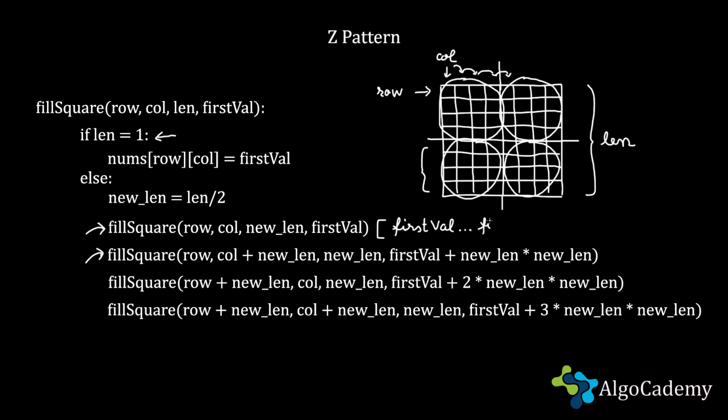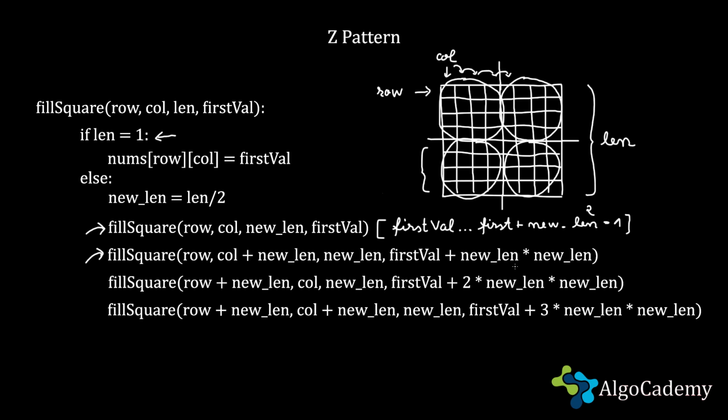It is first val plus the new len squared minus 1. So, if we have placed all the values from first val to first val plus new len squared minus 1 in this quadrant, obviously the first value that's going to be placed in the second quadrant is this last one plus 1. So first val plus new len squared. So this is where first val plus new len squared comes from, right?